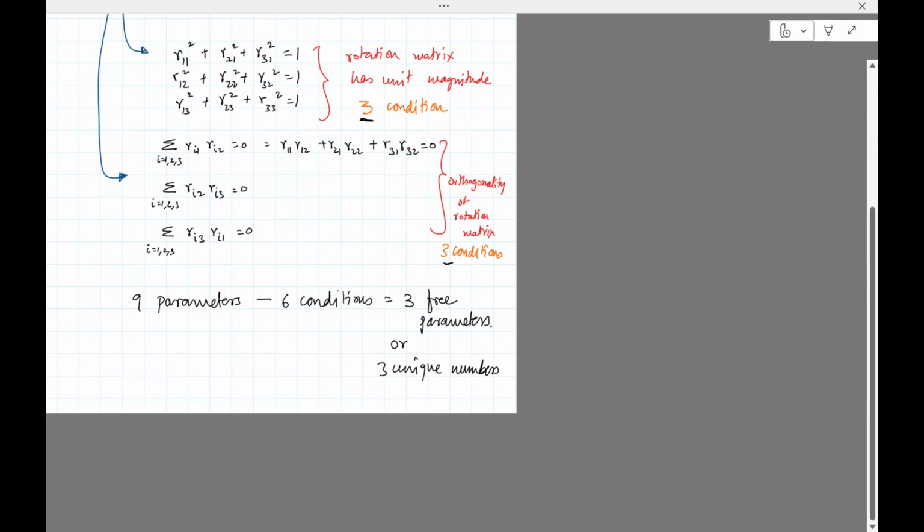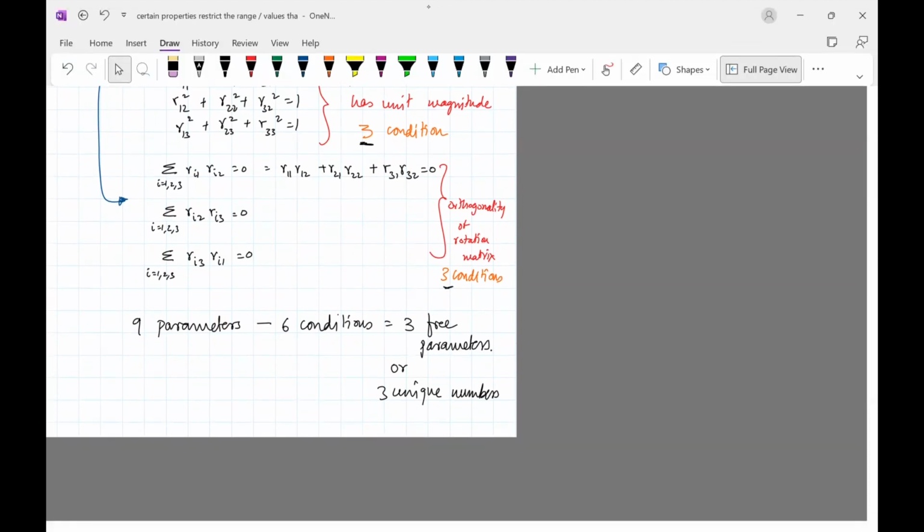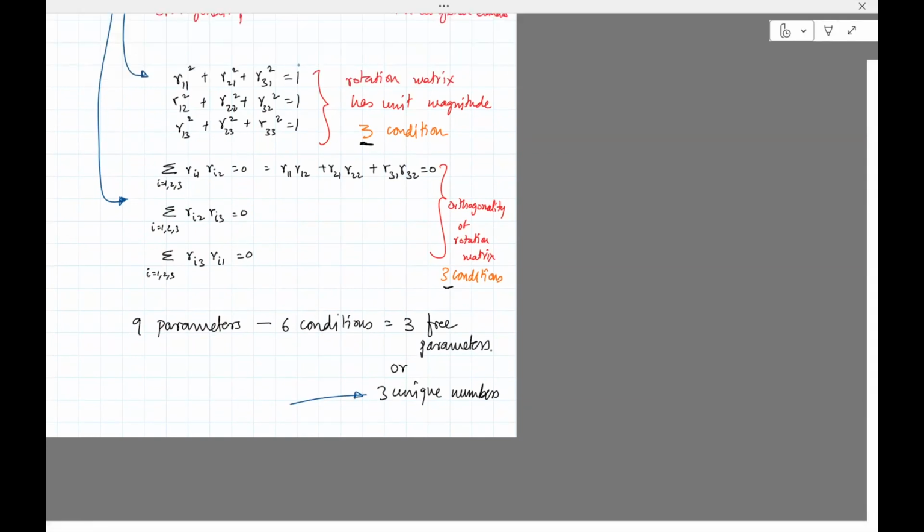Okay. So one way in which these 3 free parameters are written for your rotation matrix is known as the Euler angles. So it's a very, very common thing. If you talk about rotations, you'll hear Euler angles a lot of times. So these 3 unique numbers are given by Euler angles. So we'll talk about Euler angles fairly in detail in this part of the course.